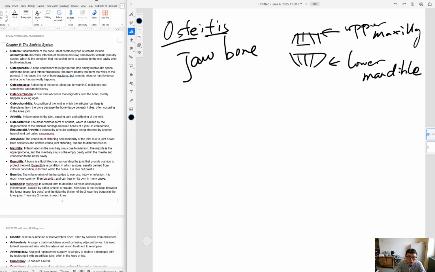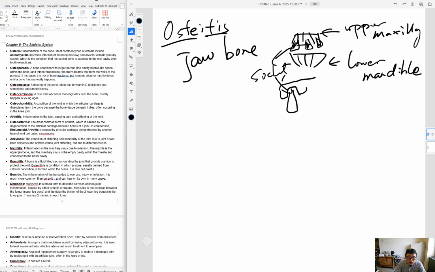And then what's the feature about the jawbone? You have teeth growing here. In some cases, you have to extract the teeth. Here's how the teeth grow. The teeth grow in the bone, and this is called the socket.